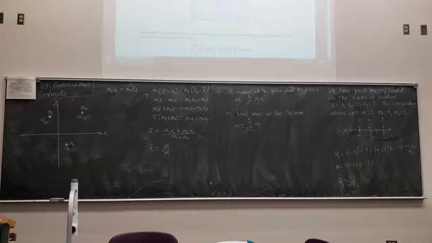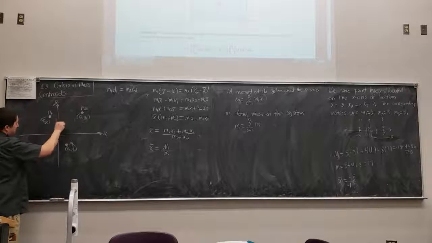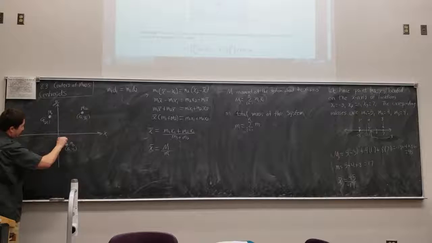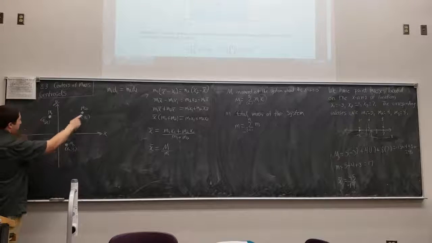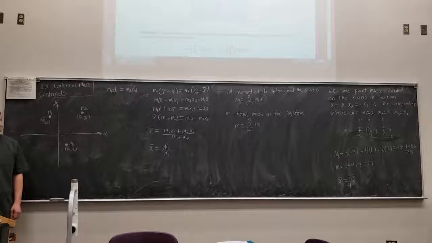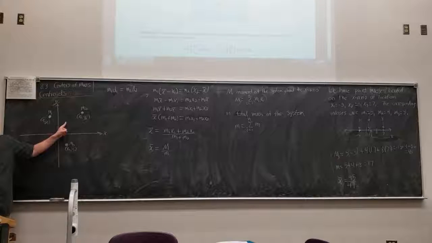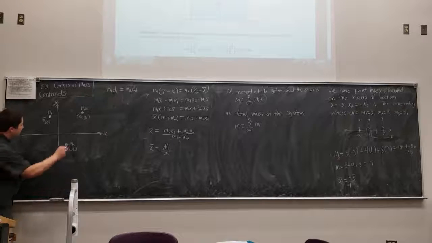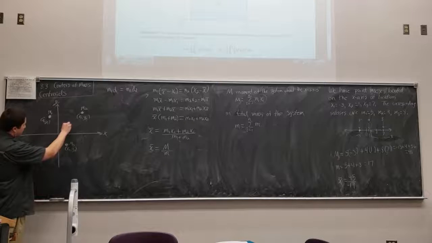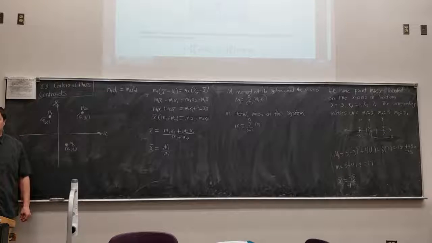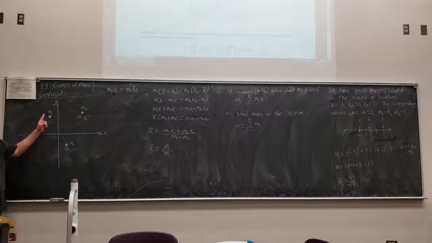So imagine we're building a table and we're trying to balance it. And if this is some kind of particle board that's very cheap and very, very light, the relevant masses are here and here, we'd like to know at what point under this structure of uniform thickness, uniform density, will the thing balance. You might guess the center of the rectangle or triangle, right? However, that depends on the masses.